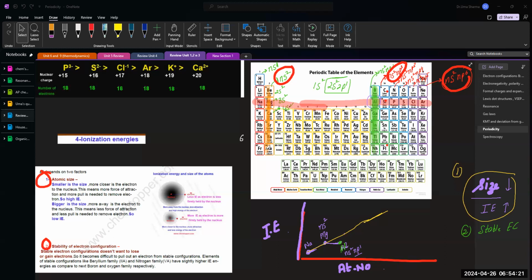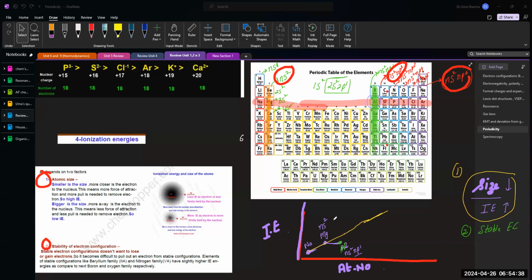So removal of an electron from third group elements is easier than second group. Is the reasoning okay? Okay, good.